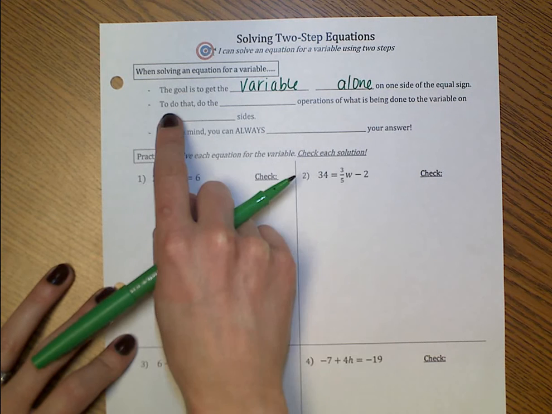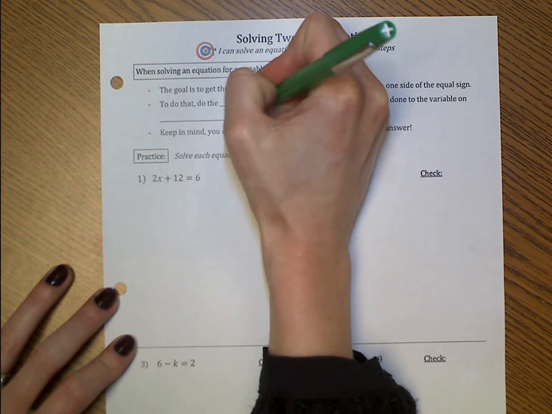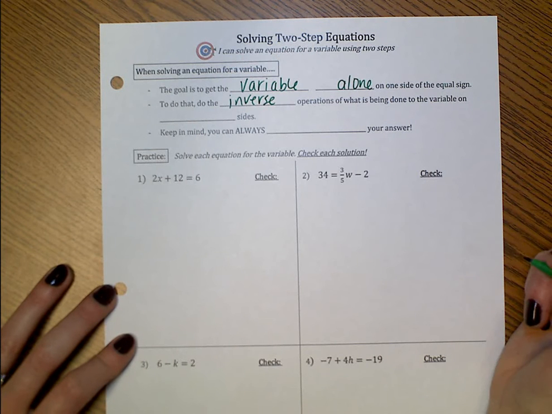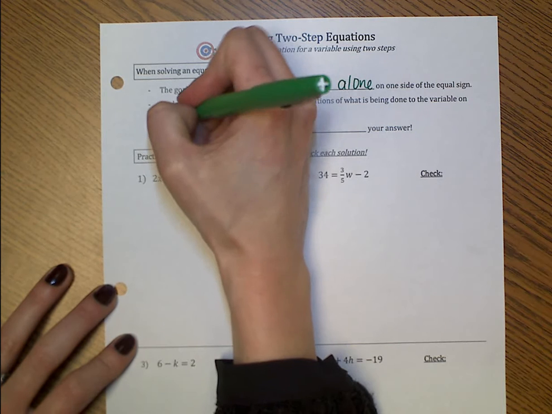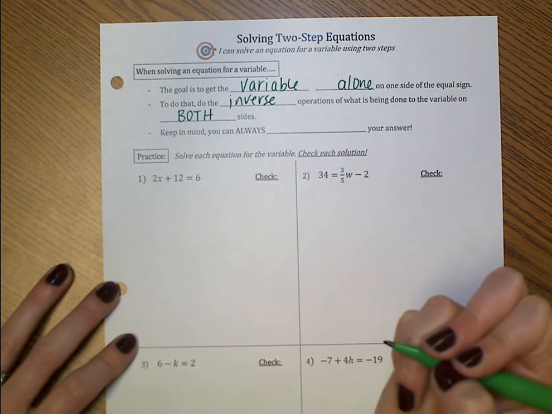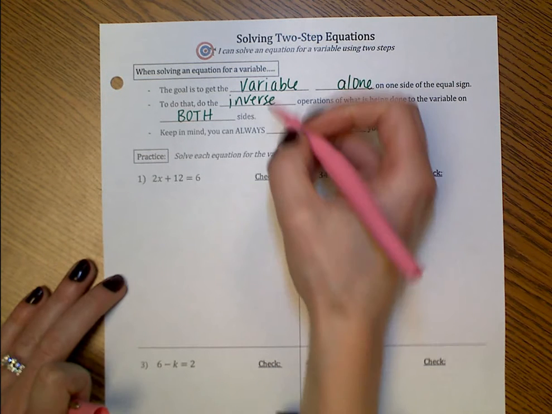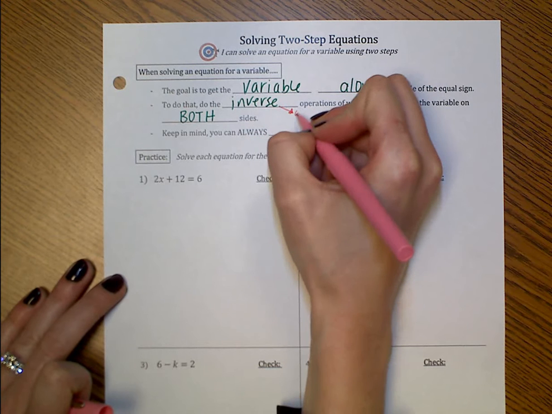Okay, to do that, you do the inverse operations of what is being done to the variable, and I'm going to put that in all capitals, on both sides of the equal sign. Now, inverse is just a fancy word for doing the opposite.